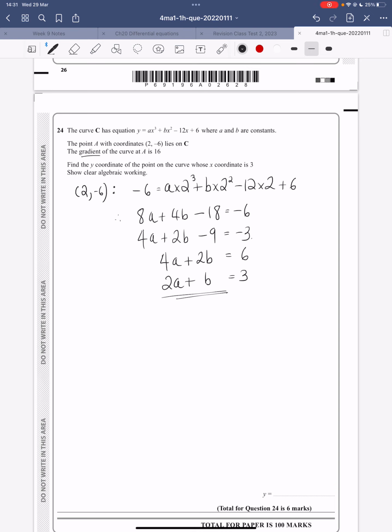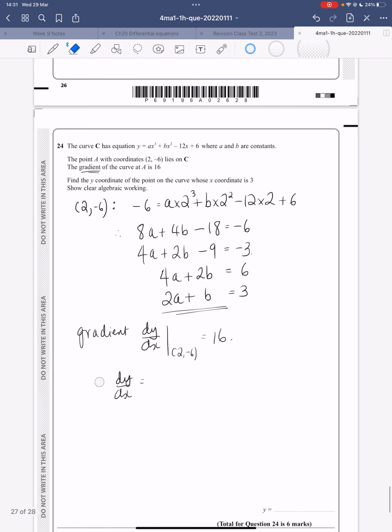Right, gradient now. Remember the gradient function, we've got to differentiate. Gradient, so it's dy by dx, evaluated at A. We know A is 2, minus 6, so it equals 16. So dy by dx is equal to 3ax squared plus 2bx minus 12.